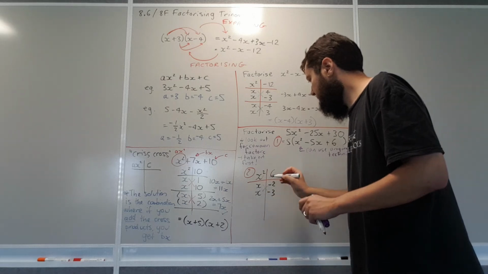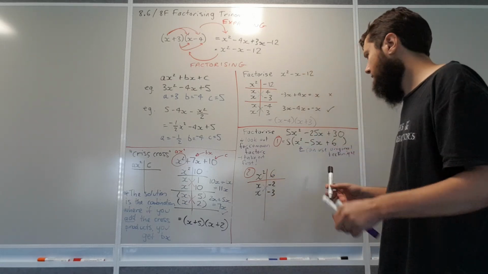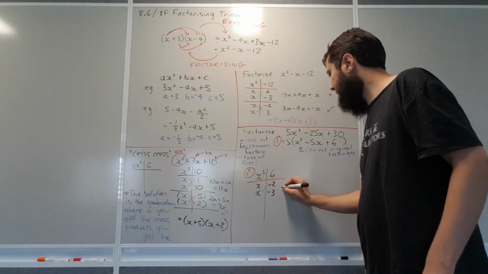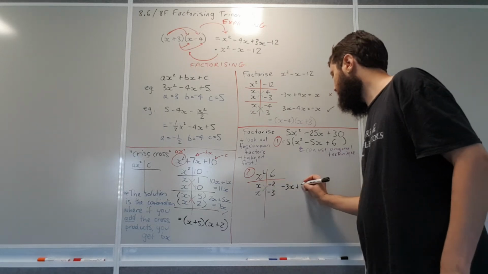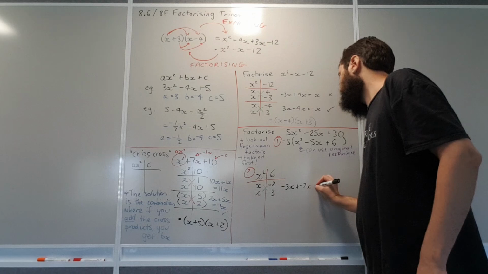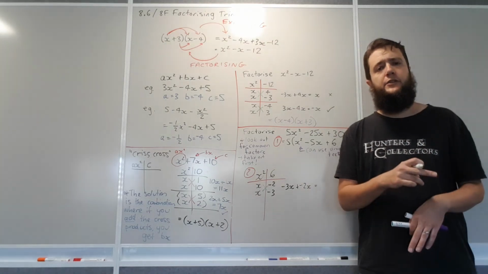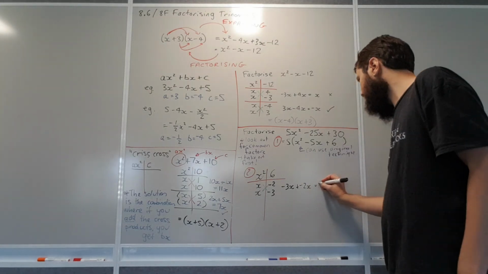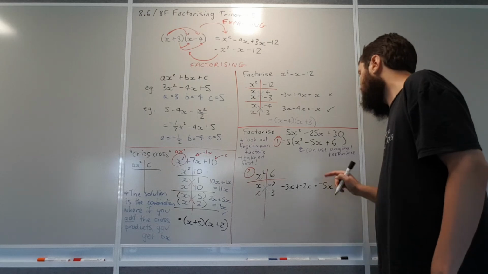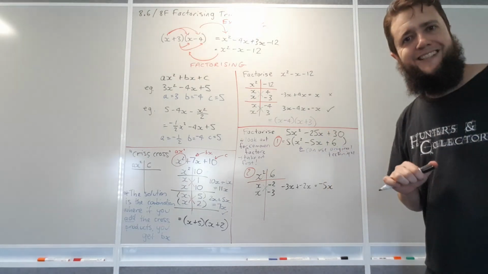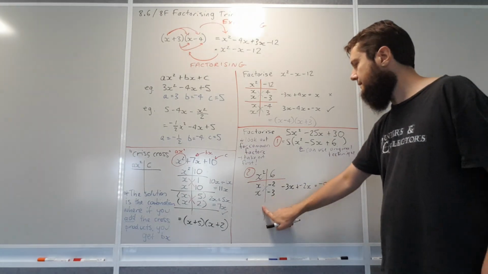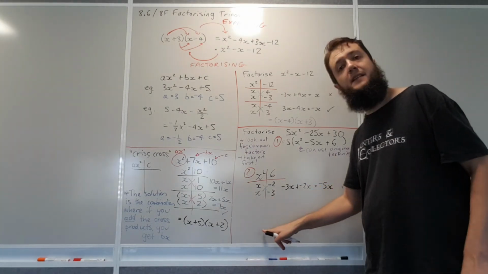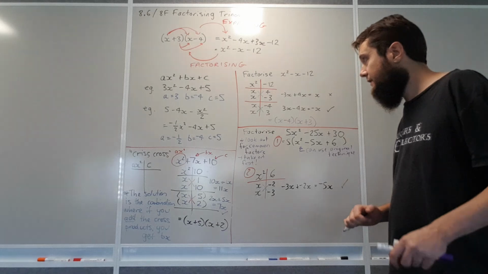We do our crisscross. So that's going to be negative 3x plus negative 2x, which is just negative 3x, take away another 2x. So that's going to land at negative 5x, which is actually what we wanted. We got the solution first time off. The more you practice this, the more often you'll find you get that solution first time.